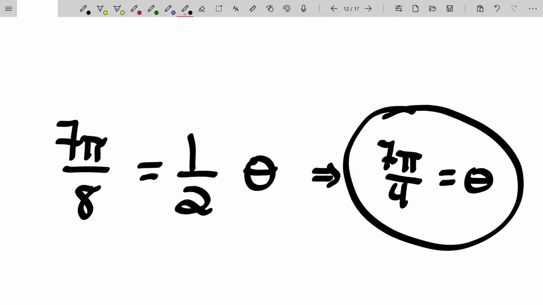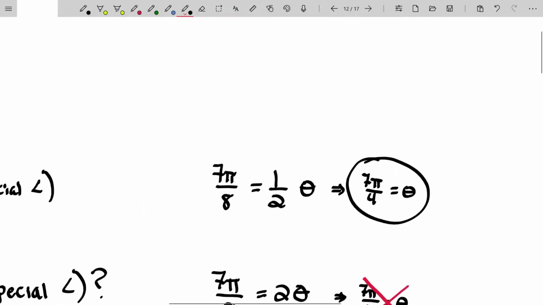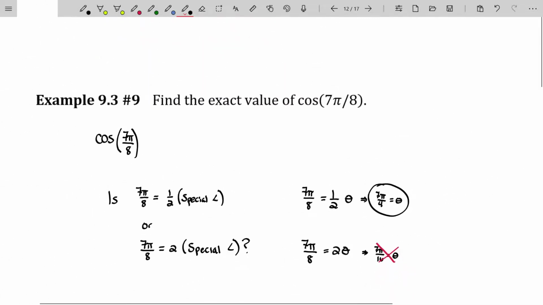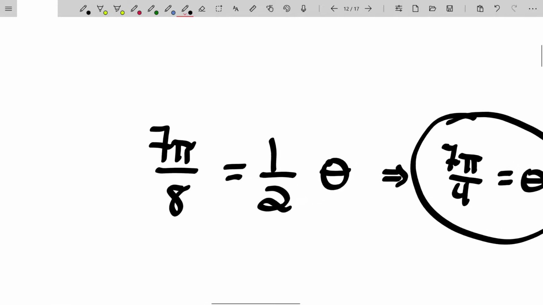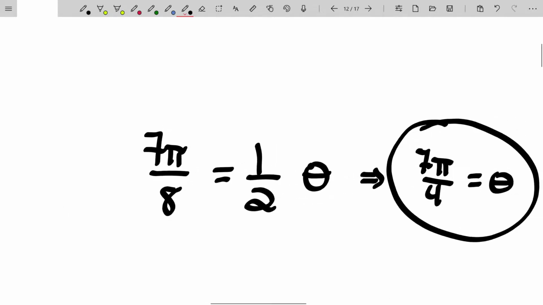7 pi over 4 has a reference angle of pi over 4, and that is one of our very nice angles. So I'm going to go ahead and say that yes, cosine of 7 pi over 8 is definitely the cosine of a very special angle, 7 pi over 4, divided by 2. Notice I found the angle first. I just asked, 7 pi over 8 is half of what? Oh, it's half of 7 pi over 4.